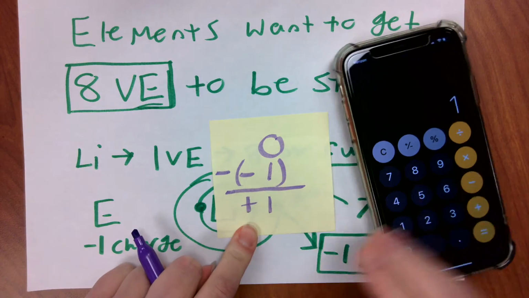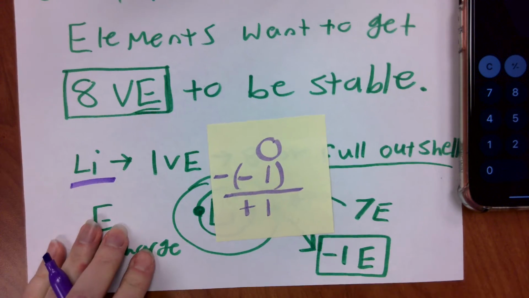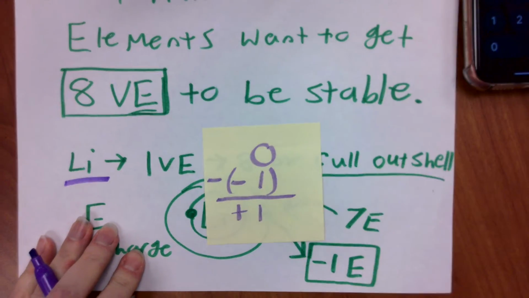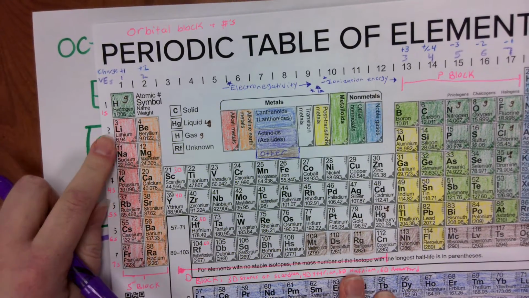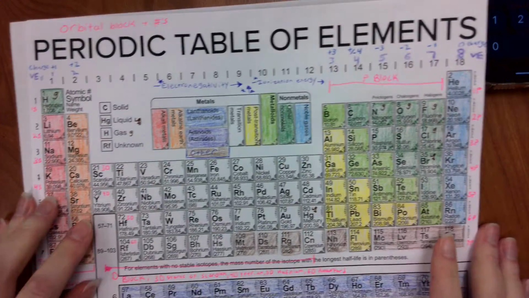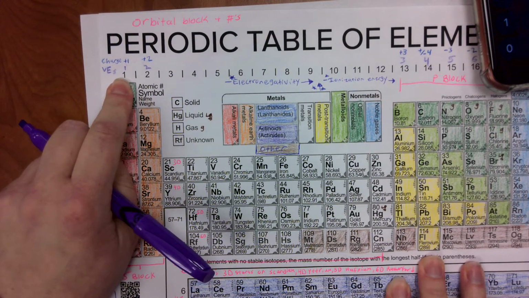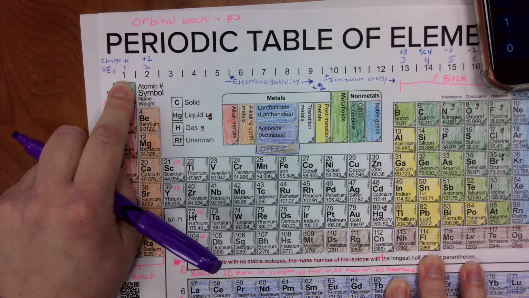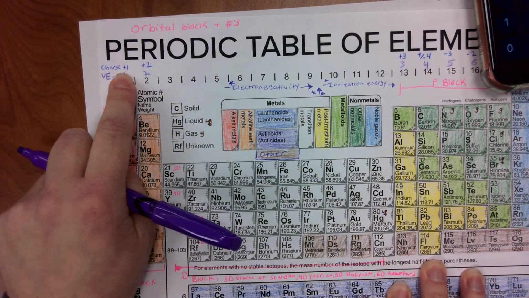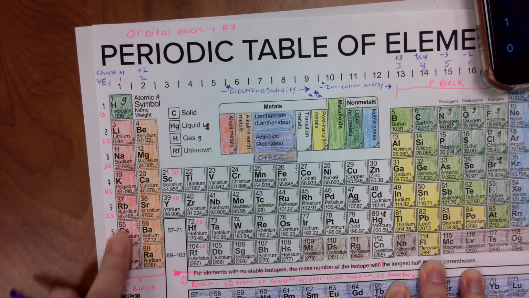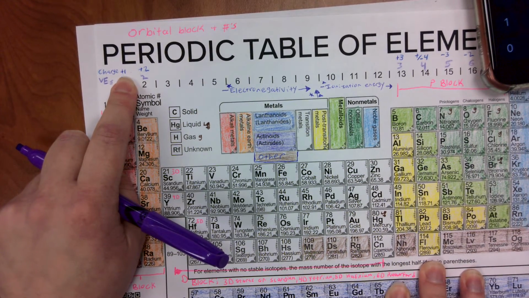Okay, this is why lithium has a +1 charge. This goes for every element that has 1 valence electron. And notice this whole column has 1 valence electron. That means the charge of this column is +1.